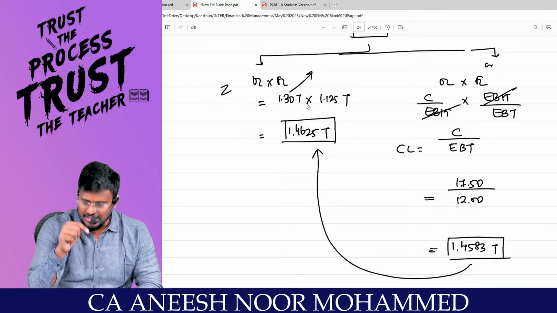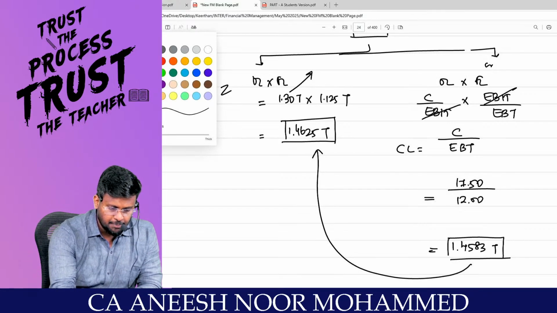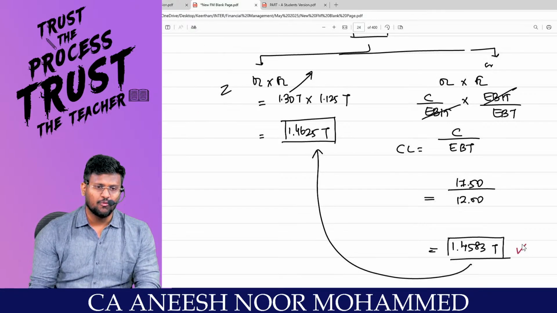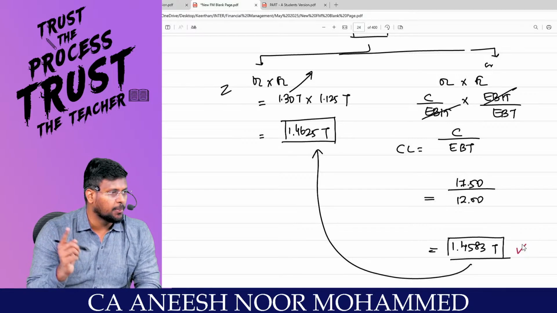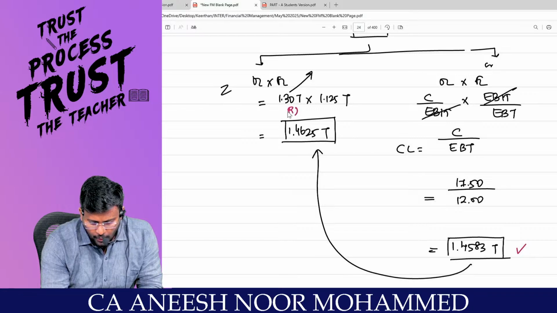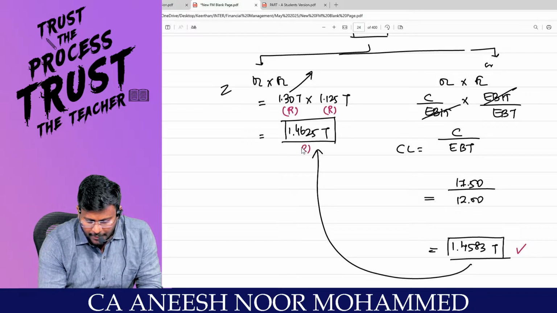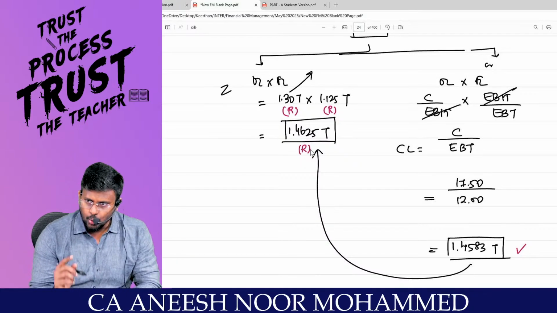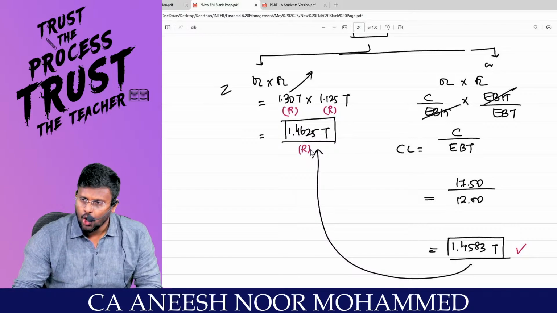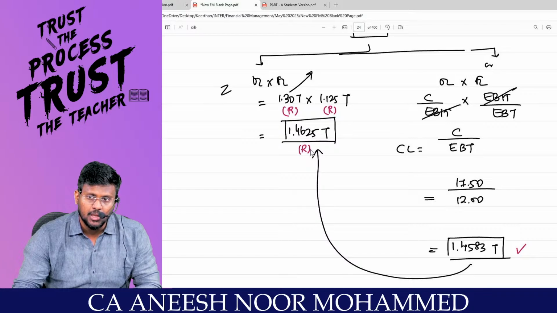So in this scenario, if you want the real accurate answer, it's better to go with this route of 1.4583, which is contribution divided by EBT. Otherwise, here you would have made a round off and here you would have made a round off. Then the answer will be something different with the change in fraction. So better to directly apply contribution divided by EBT.